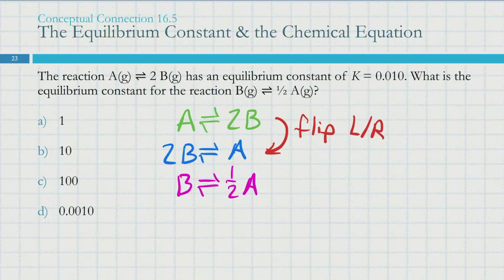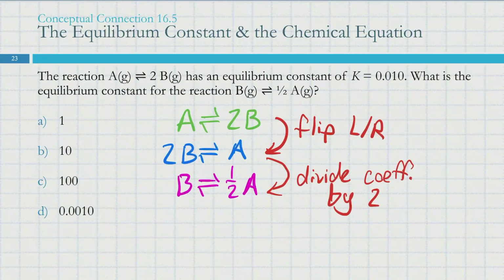So we flip left, right, and then divide coefficients by 2. So when we flip left and right, we have to invert it because we've swapped the position of our reactants and our products.